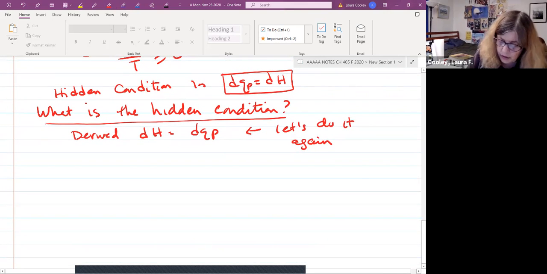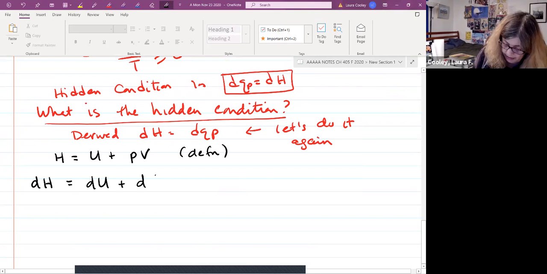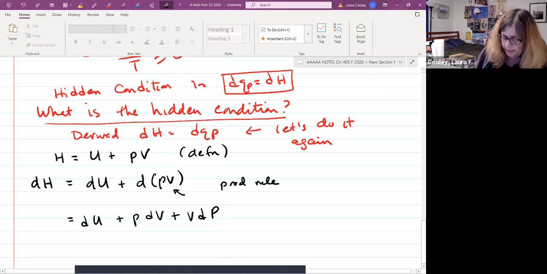So we're already off on quite the tangent here. That derivation started with the definition of the enthalpy. Then we took the differential, which is like the derivative of both sides. Then we used the product rule on this term, plus PdV plus VdP.